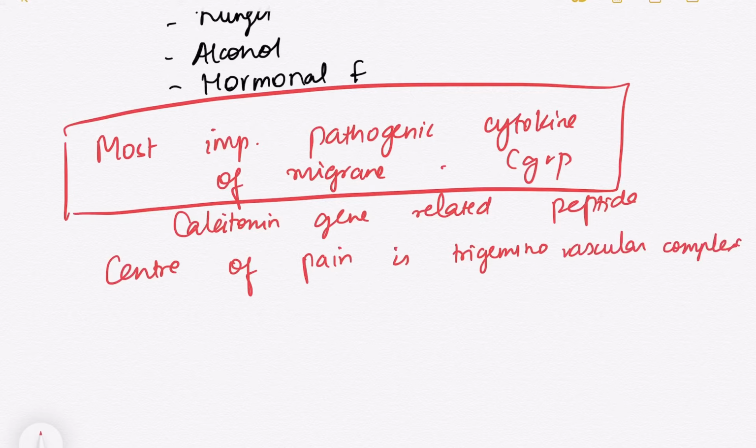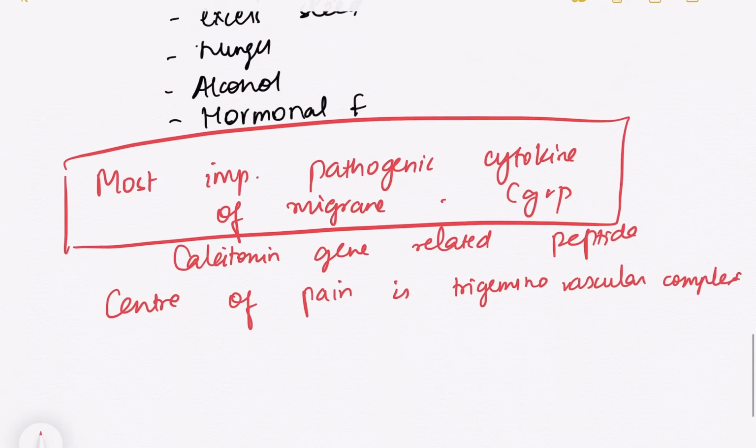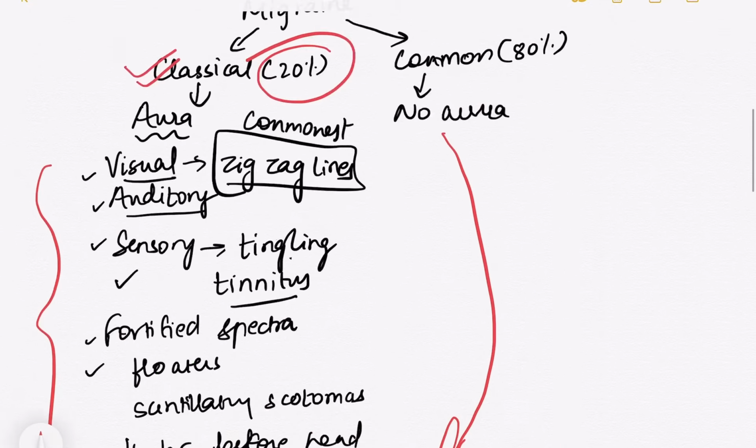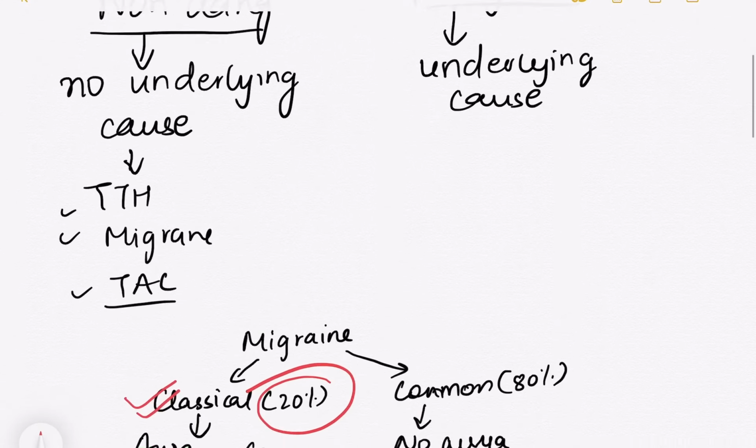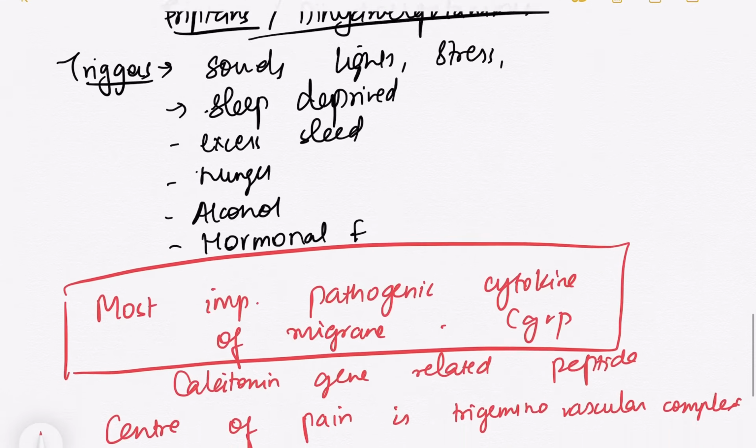Fine. So that was about the features, the criteria, types, and the pathogenesis of migraine. Now let's talk about the management of migraine.